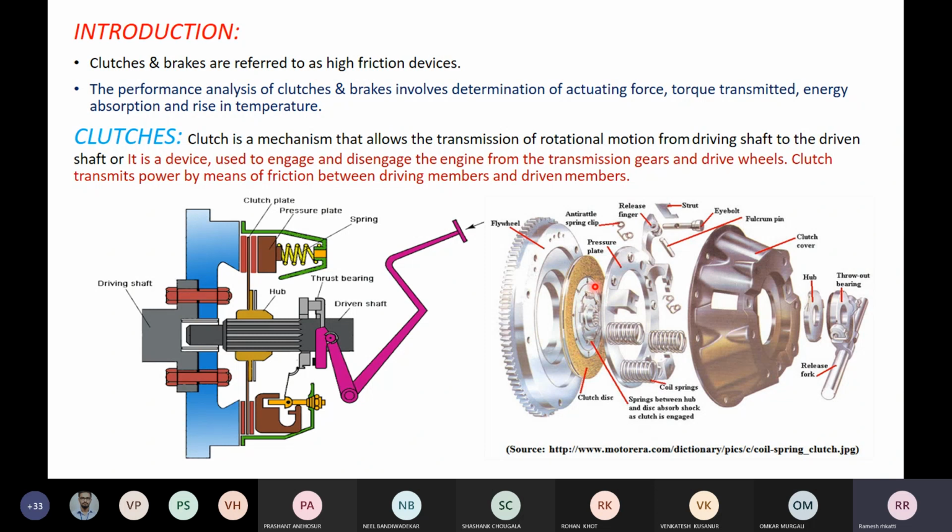The friction linings are applied on both sides of the clutch disc. And this is the clutch cover. These are the components of the clutch.